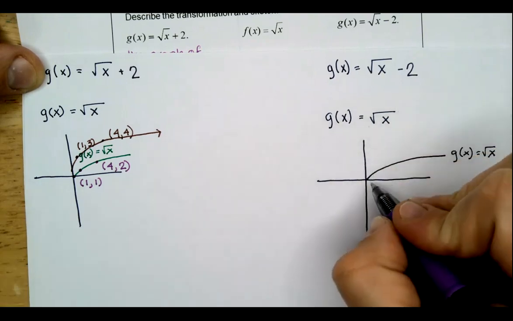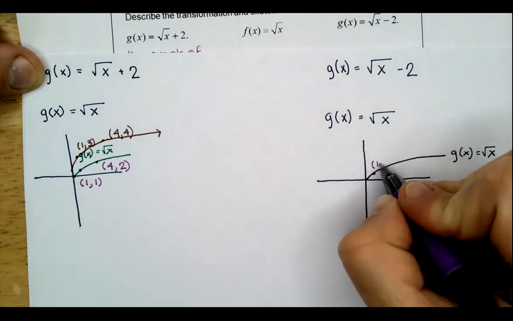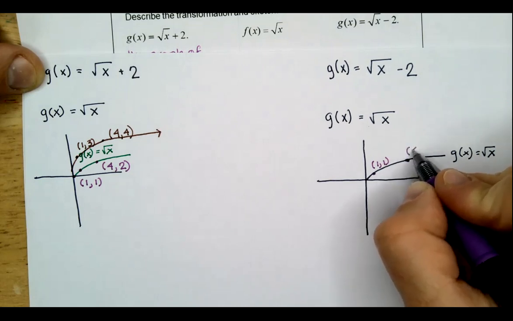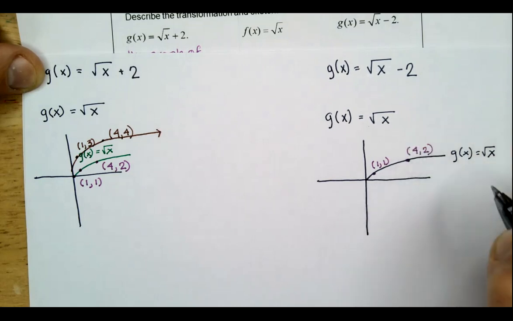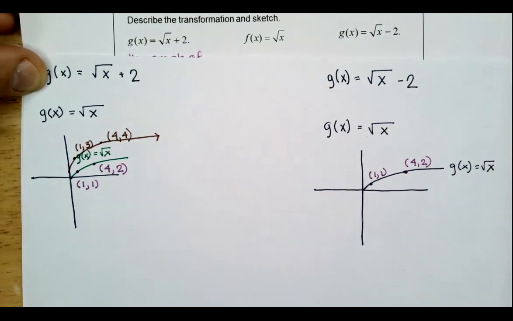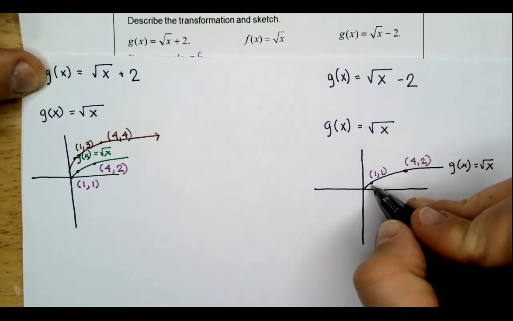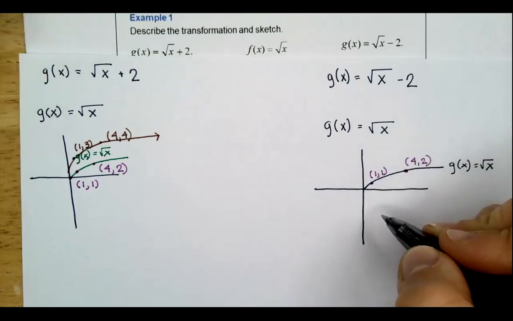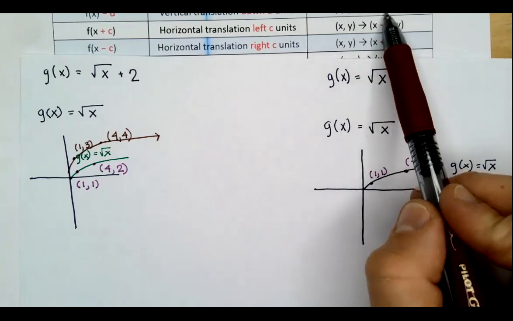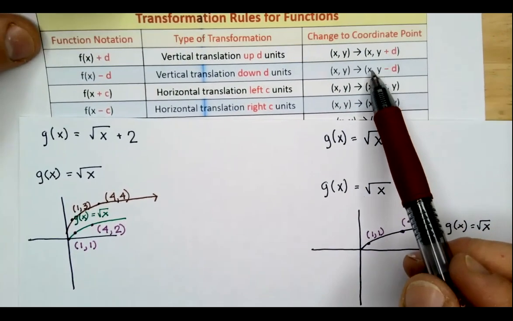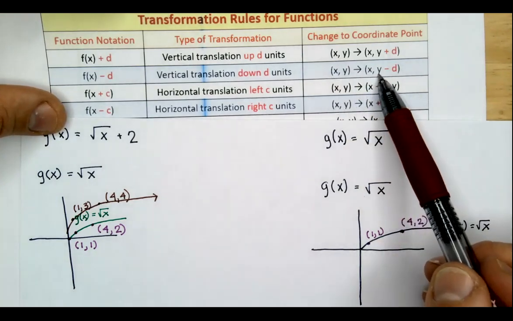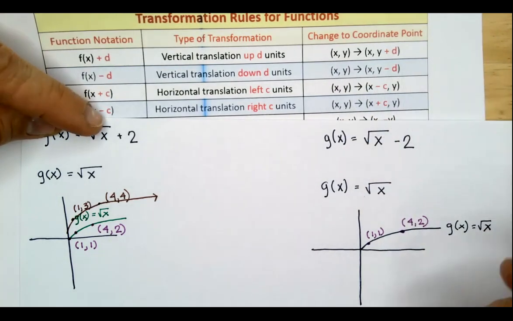So this point again was 1, 1. This point again is 4, 2. And now we're moving the y's down. Okay? So 1, 1 becomes 1, comma, 1 minus 2.